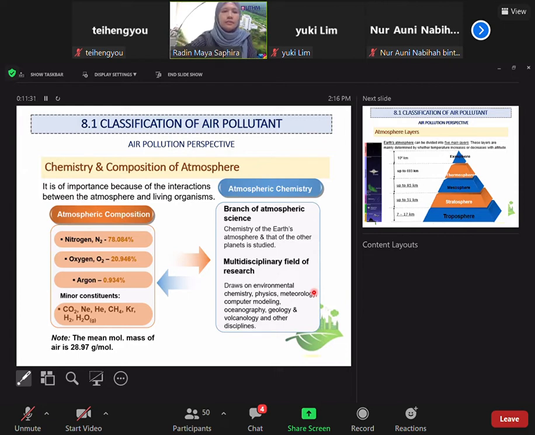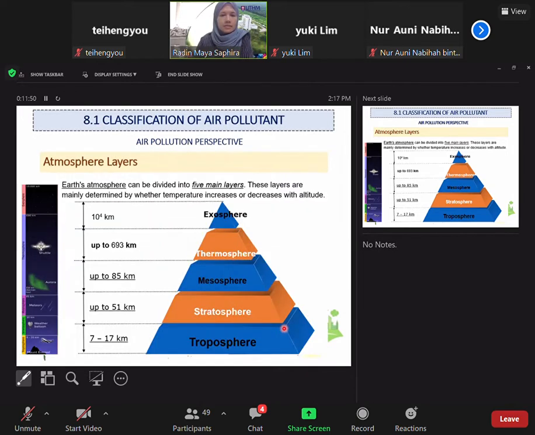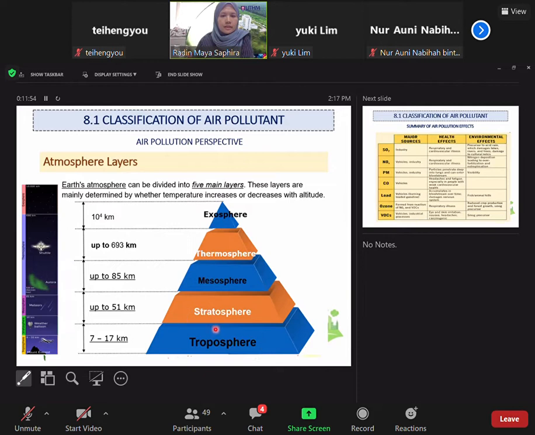Right, back to science. Our atmosphere mostly contains nitrogen, then oxygen for us to survive and breathe, argon and the other constituents.